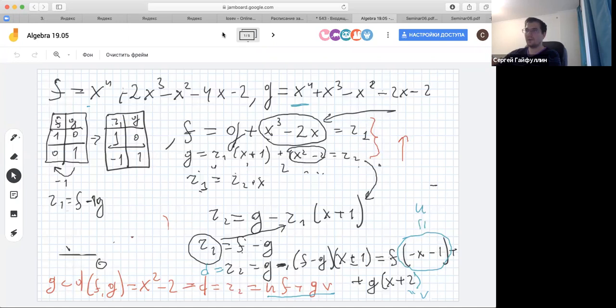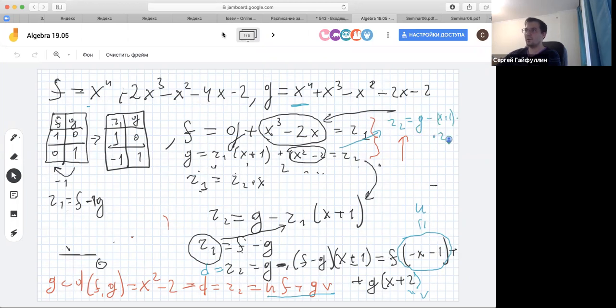The second step, I need just divide G by R1. Here it is the result. So I obtain that R2 is the remainder from here. R2 equals to G minus x plus 1 multiplied by R1.